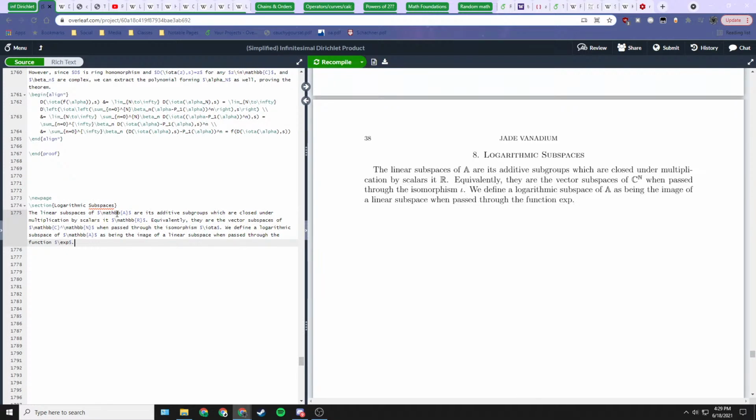So a linear subspace is closed under addition and multiplication by real scalars.